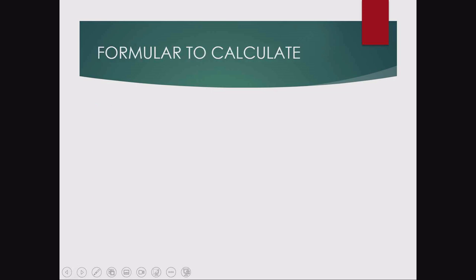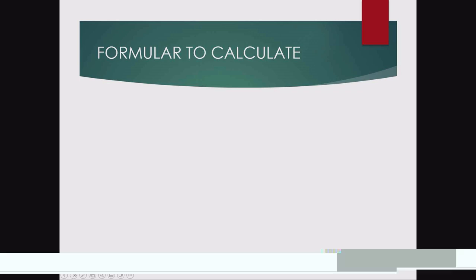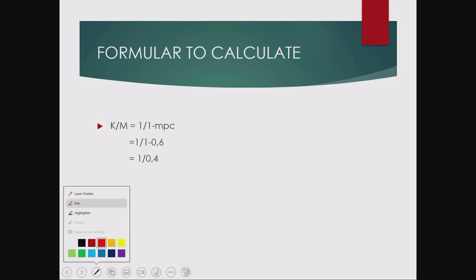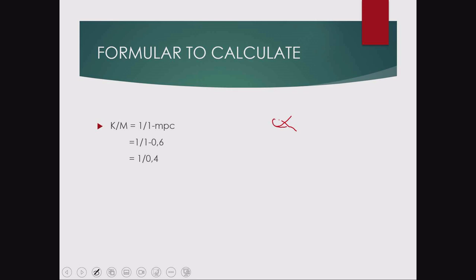Now, you need to know the formula. There's 2 marks for the formula of the calculation of the multiplier. Now, here is the formula for the multiplier. In some other books, they will write this as your multiplier is equal to 1 over 1 minus your marginal propensity to consume.